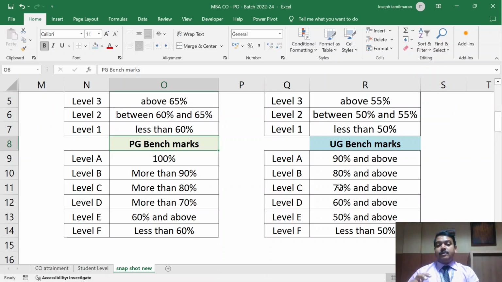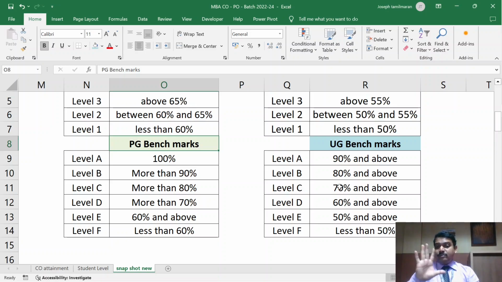If 25 out of 50 students have crossed the minimum benchmark of 60%, then we say that this particular course has attained CO at level F, because level F is less than 60%. The meaning of that is that less than 60% of the students who enrolled for this course have attained the minimum benchmark of 60% of the course outcome. So why we are having two matrices is that many times the average could be misleading.